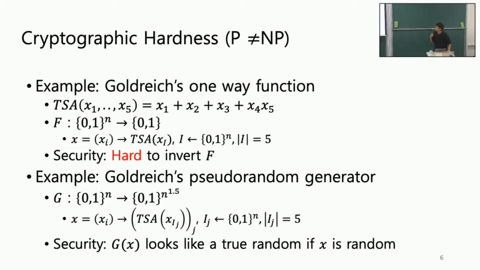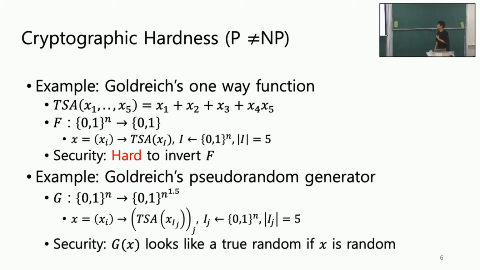There are two examples: one is a Goldreich one-way function, and the other is Goldreich's pseudo-random generator. Let's see the function called TSA. A TSA function consists of the summation of 3 bits and the multiplication of 2 bits and their summations. So it looks simple. From this simple function TSA, we can also define a new function called f like this.